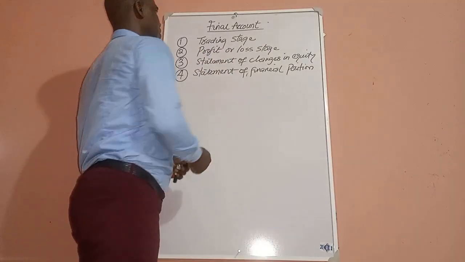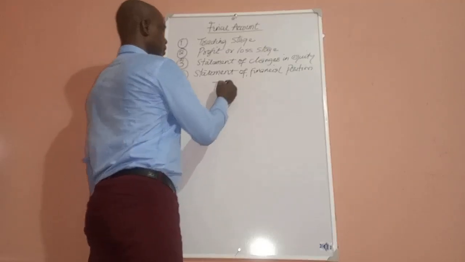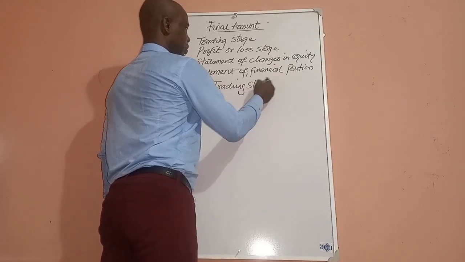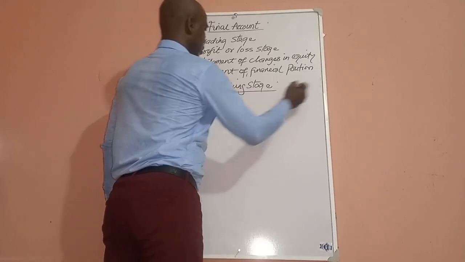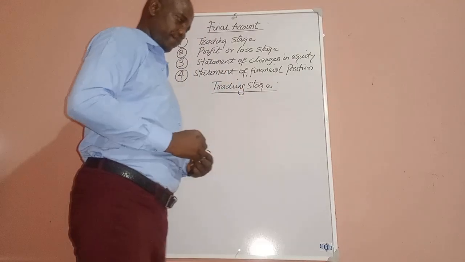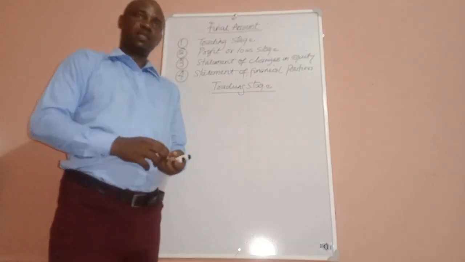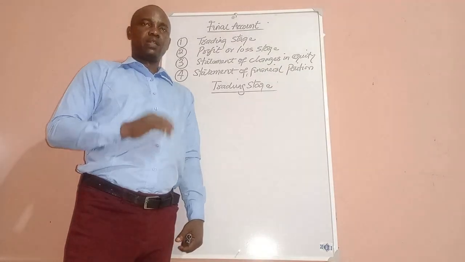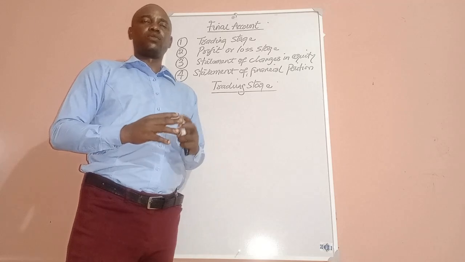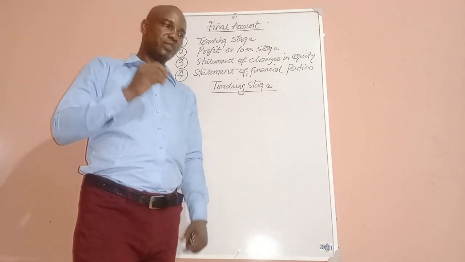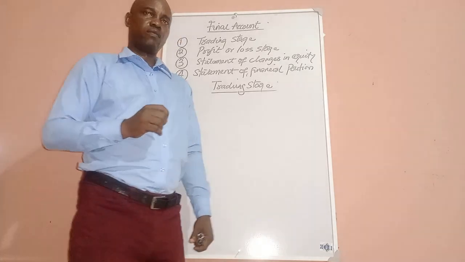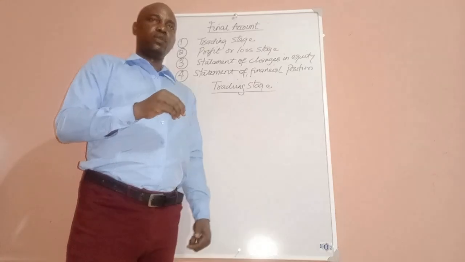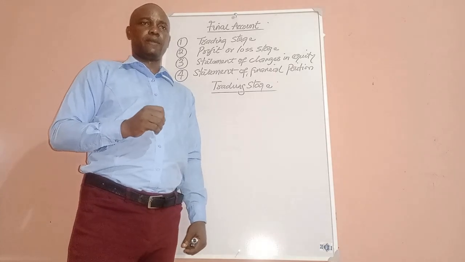The first one is the trading stage. This is where a business buys and sells stock. Under this trading stage, we are talking about whatever is happening to inventories. We're talking about inflow and outflow of inventories.